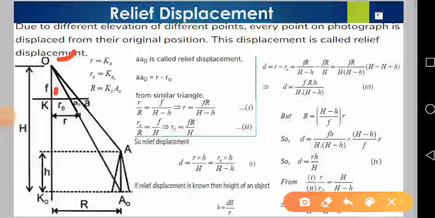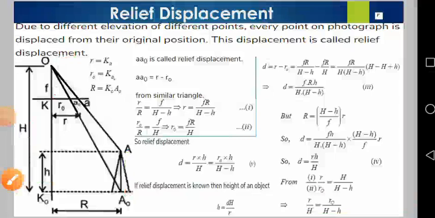Capital H is the flying height, or the height of the exposure station above the ground, and small h is the elevation of the tower.